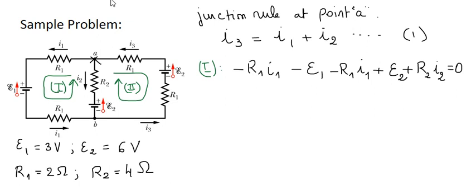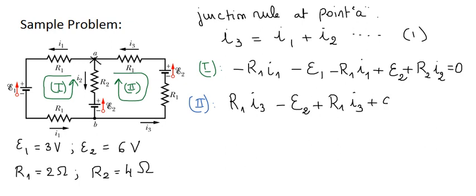And the other loop, loop 2, let's write a loop rule also. We have R1 I3 minus E2 plus R1 I3 plus E2 and plus R2 I2.